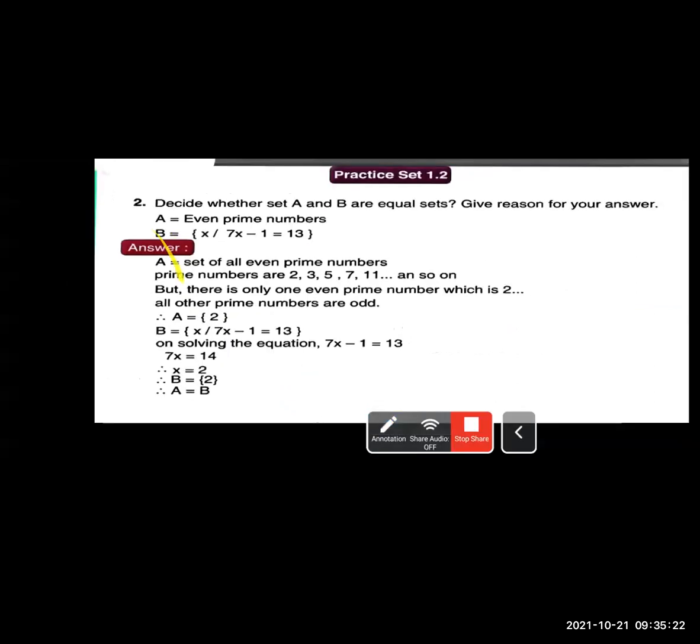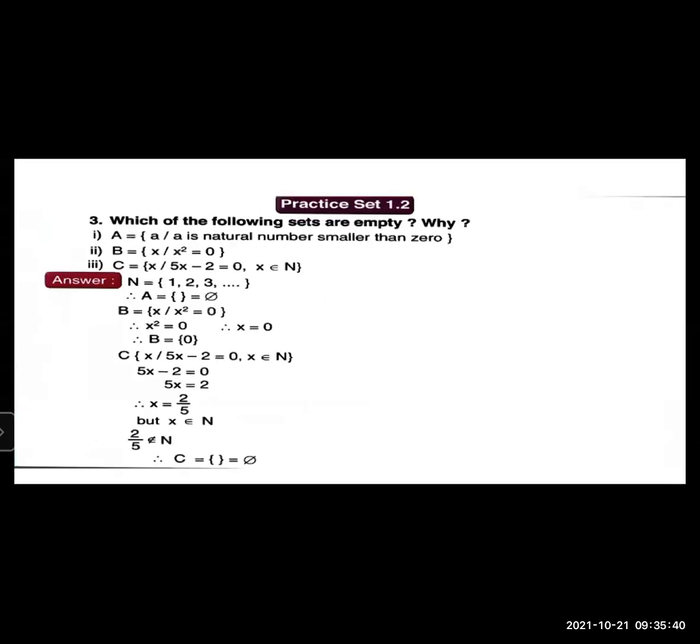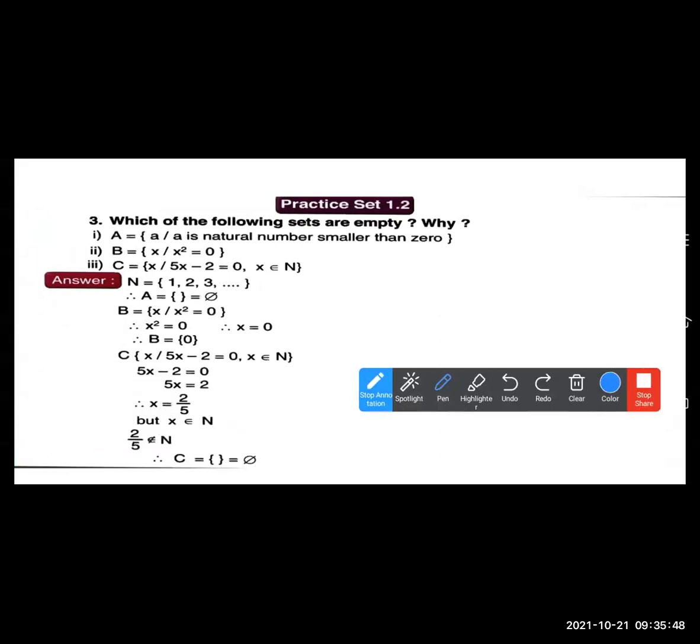Now see the next question. Which of the following are empty sets? Here there are several questions like singleton set, empty set, finite, infinite, everything we are doing. Question 4 is finite or infinite. Next question is, which of the following sets are empty sets? A is equal to the set of all n such that n is a natural number smaller than 0.